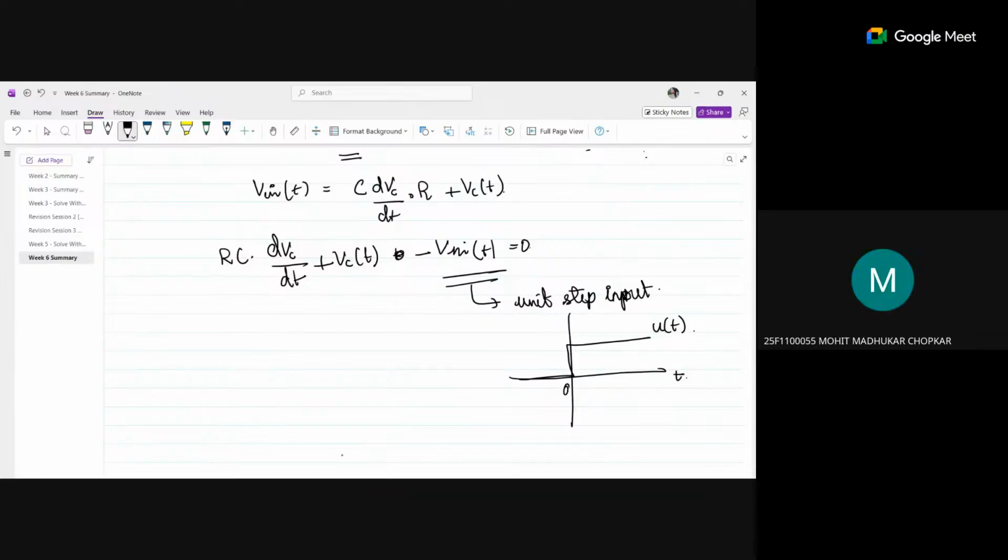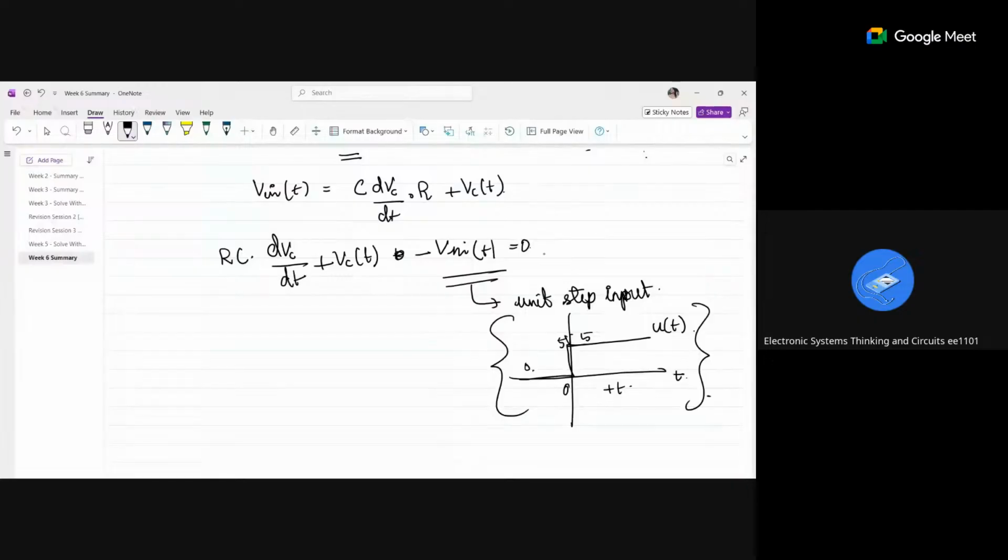Yeah, I saw it in the video lectures, but what is the u here, ma'am? u of t is just a representation. It is a signal that has value only on the positive side. For positive time, the signal will have a value such as 5 volts, whereas on the negative side, it will be 0. That type of signal we call a unit step input. So there are various types of input signals, and this is one among them.